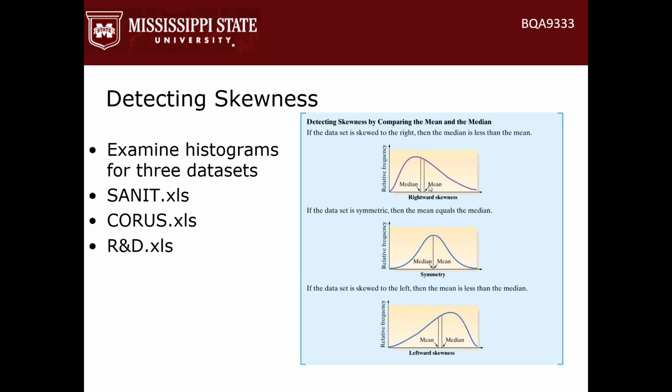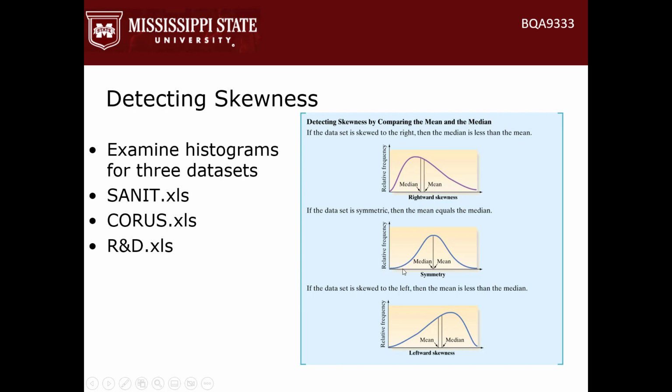Adding that $1 billion is going to make the mean go to the right, maybe quite significantly if it's a smaller sample. But it's only one additional observation to the right of the median, so it's only going to shift the median up like one place. It's only going to shift the median very, very little.